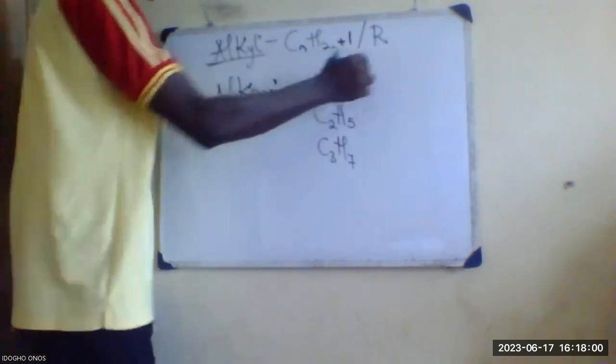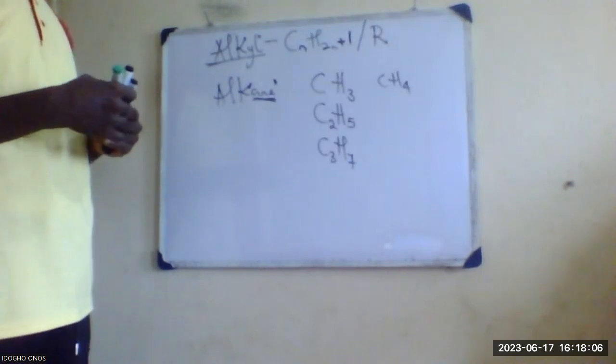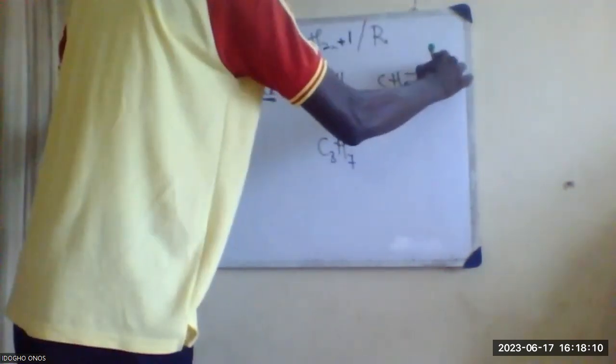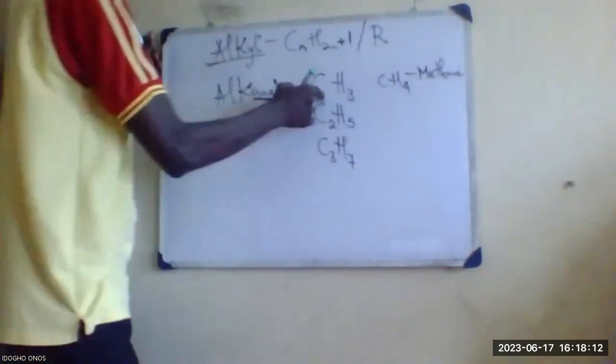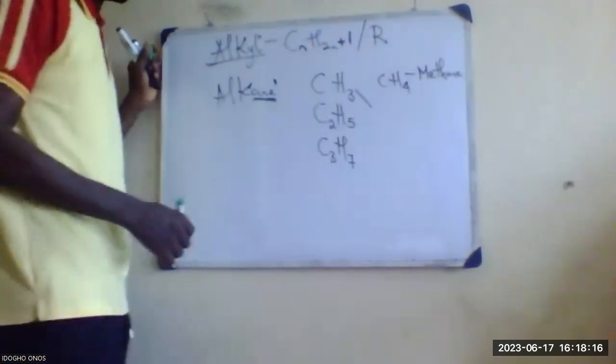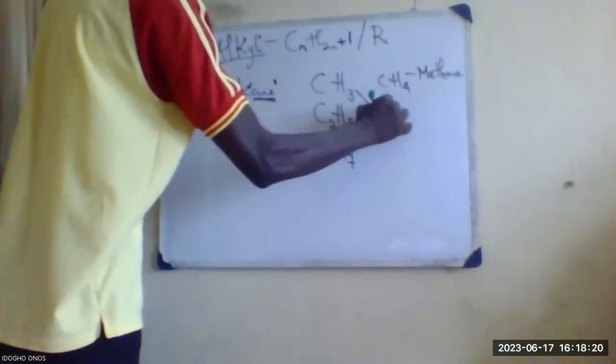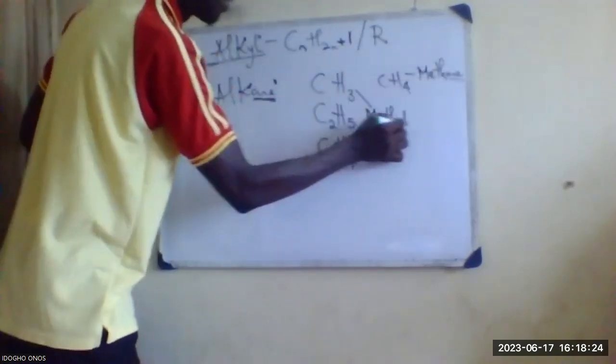So if, for example, I have CH4, CH4 is called what, madam? Methane, good. If CH4 is methane, that means CH3 is what? Methyl. You remove this ANE ending and replace it with YL.